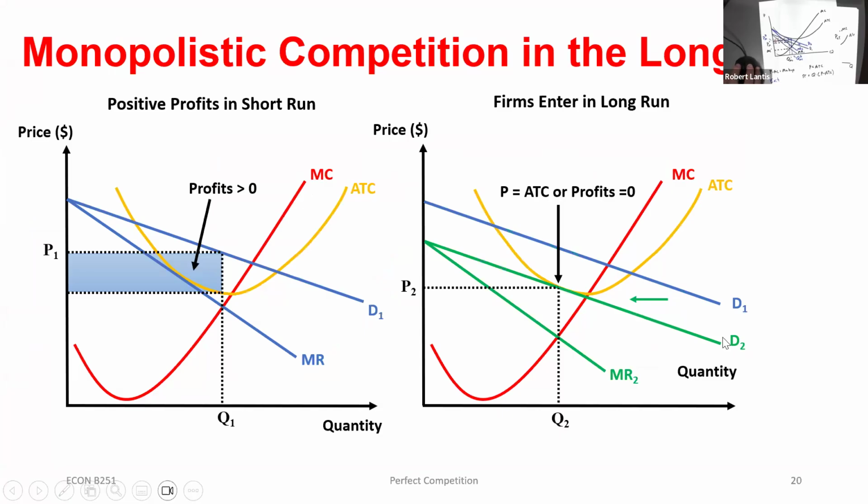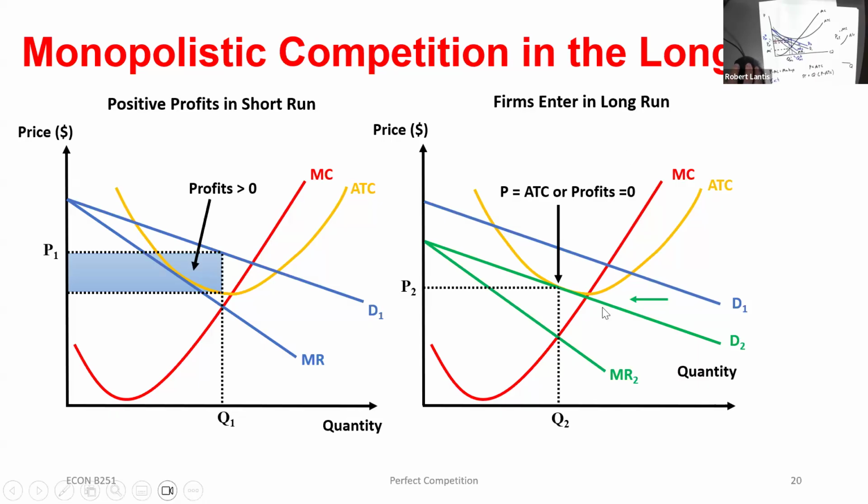Well, for the new demand curve, marginal revenue will be twice as steep. So firms enter, each existing firm has a smaller portion of overall demand. Now marginal revenue is equal to marginal cost at this lower quantity. They go up the demand curve to set the price. As long as that demand curve is up here, profits would still be positive, all the way until enough firms join where profits are zero. There's now no incentive for any firm to enter this market.